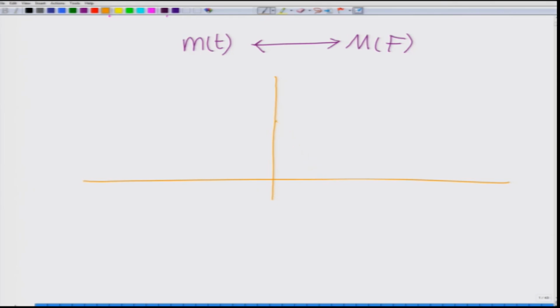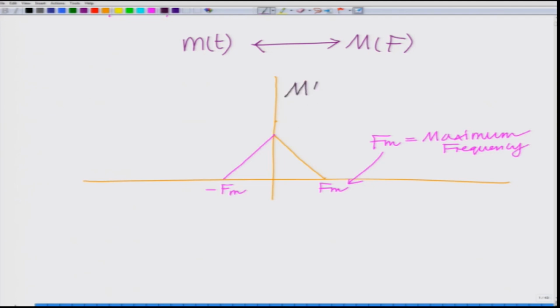Let us say the Fourier transform is between minus Fm to Fm, where Fm equals the maximum frequency component.